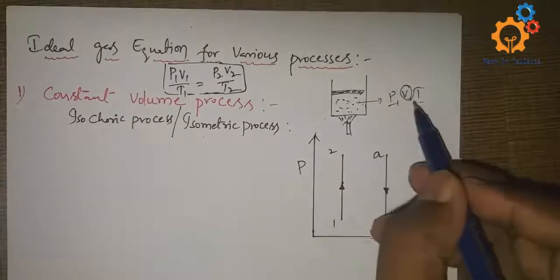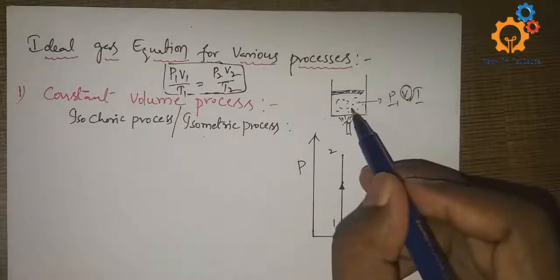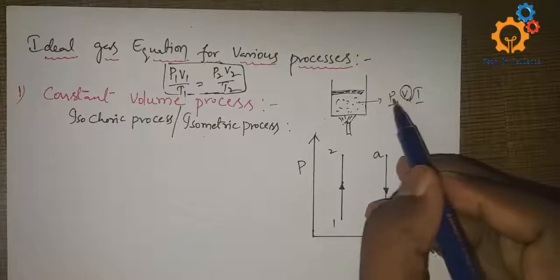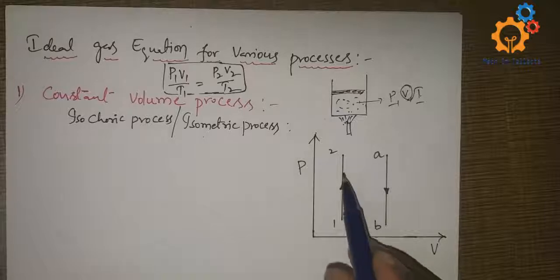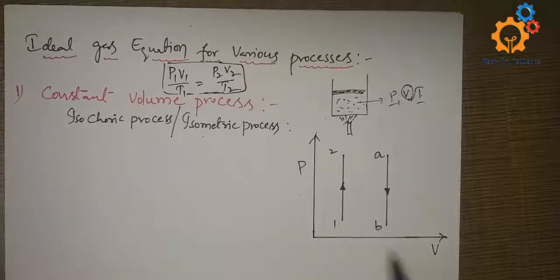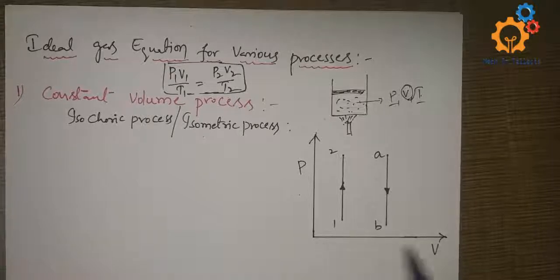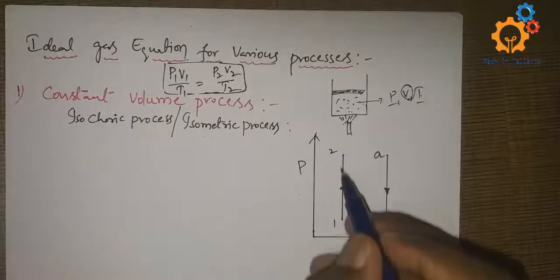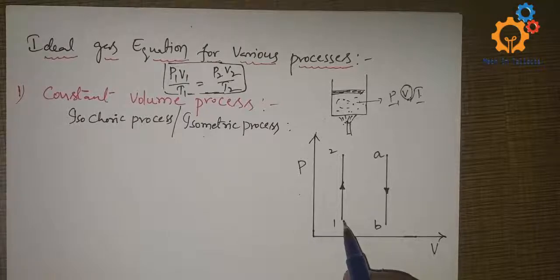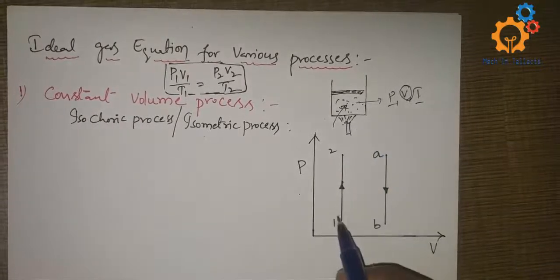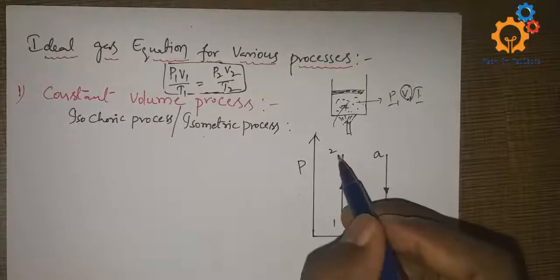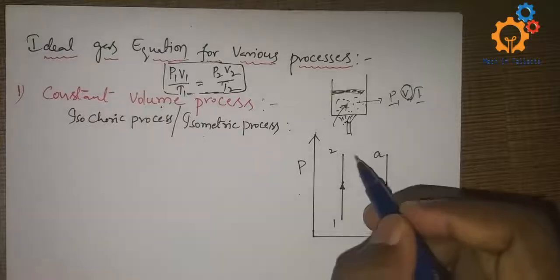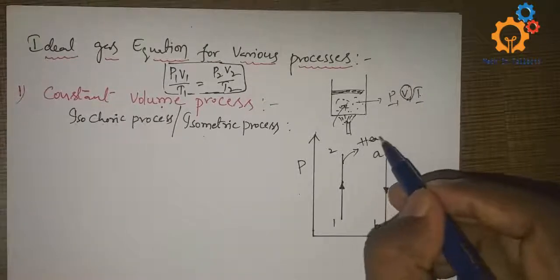Pressure generally increases, and temperature also increases. In a PV diagram, volume is on the x-axis, so constant volume means a vertical line. You are supplying heat, so definitely pressure is going to increase. The system is going from state 1 to state 2 at constant volume. That means heat is being added.